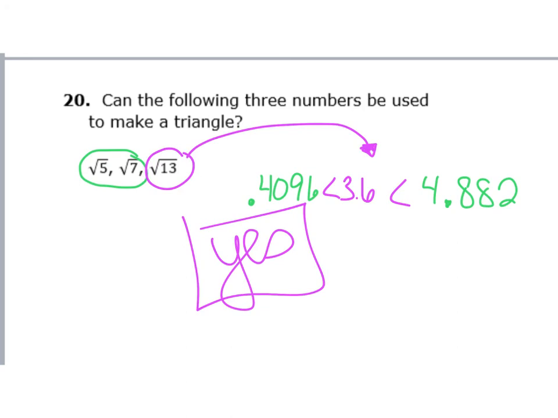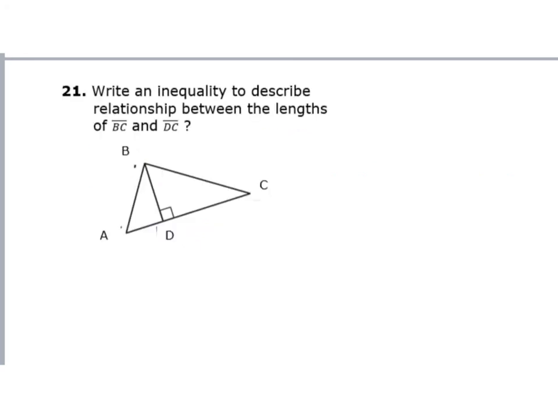All right, 21. Write an inequality to describe the relationship between the lengths of BC and DC. So if I don't look at the whole triangle, if I just look at part of the triangle, hopefully you can see that I would classify it by its angles as a right triangle, which makes this side a hypotenuse, and this side a leg.